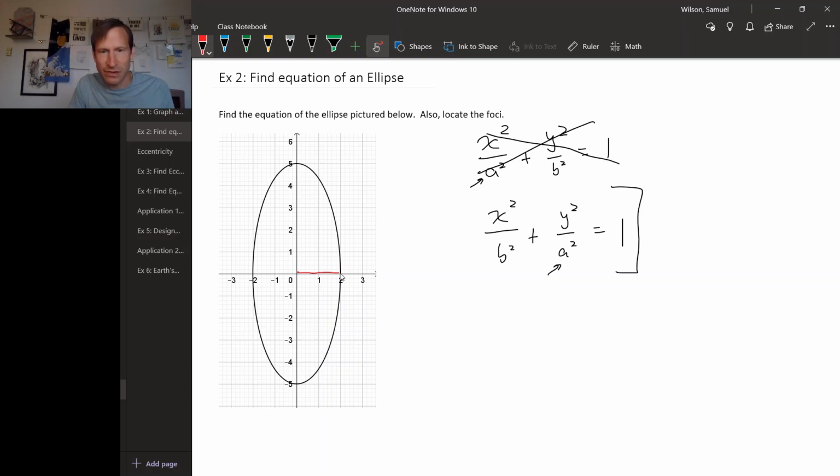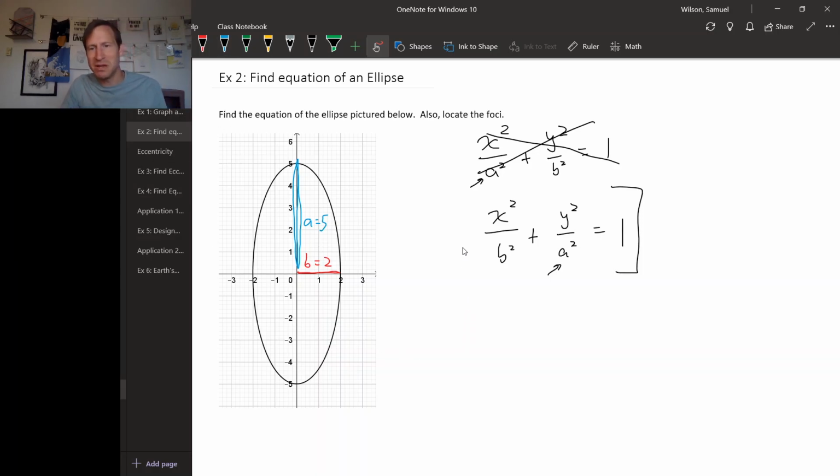So this horizontal distance, that's the semi-minor axis, that's the short radius, essentially. And we usually call that b, and that's 2. And then the long radius from the center out to the top, that's the semi-major axis, that's a, and on the graph it looks like it's 5.